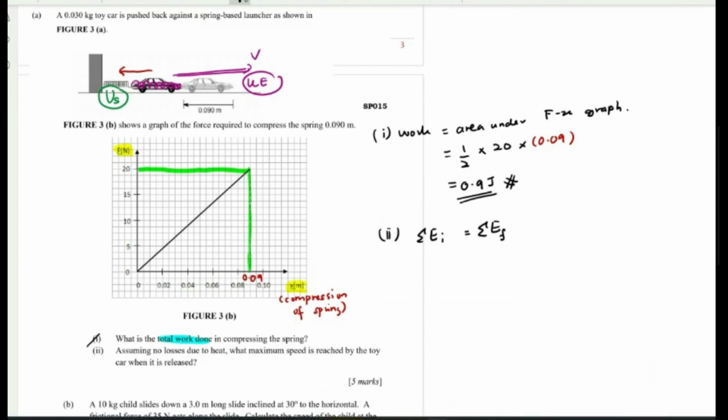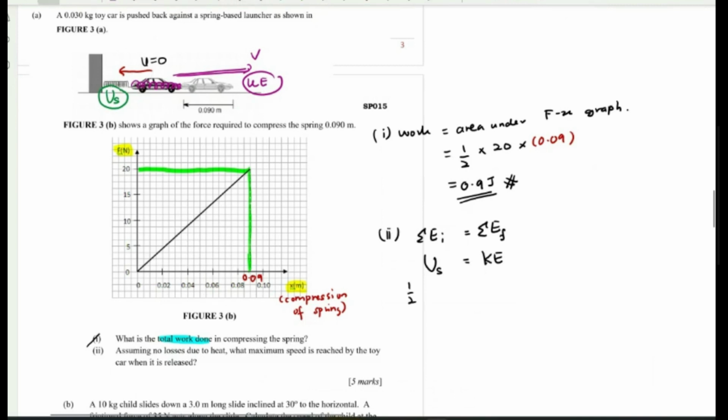Jadi kalau kita tolak kereta tu ke kiri sampai spring tu compress, before dia akan ada elastic potential energy, and when the car is released, we gonna have kinetic energy. So dia akan mula bergerak lah. Masa compress tu kereta tu tak bergerak. Dia compress, U dia kosong lah kat sini. Dia takkan ada velocity because the car is not moving.